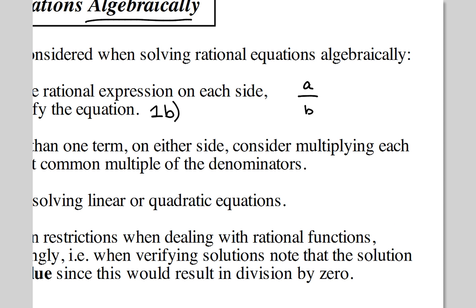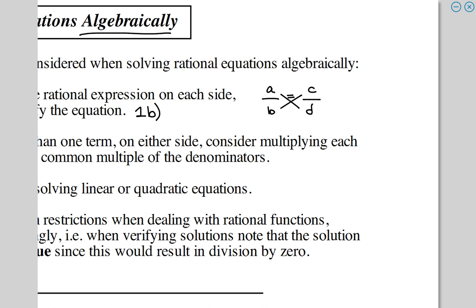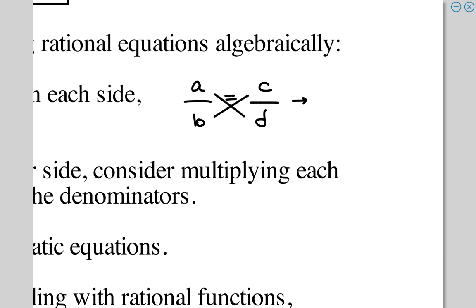A over b equals c over d, and they're saying that you can just cross multiply. So what does that mean? We don't want any denominator. So those guys times and those guys times, and you'll get this. A goes with D, B goes with C, and you have no denominator.